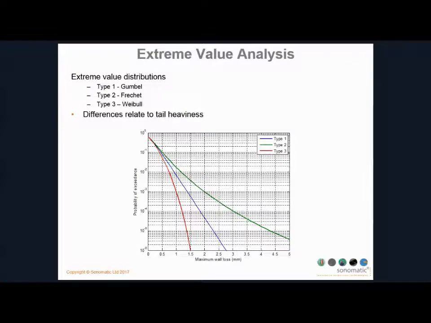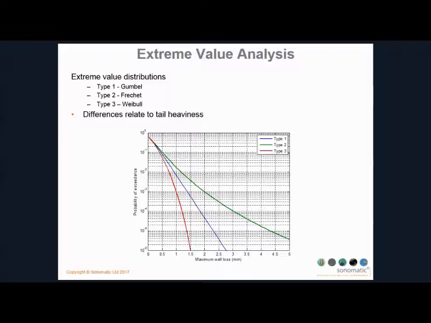The extreme value distributions that are typically used are the type 1 distribution, which some of you may be familiar with as a Gumbel distribution, and that plots largely linearly on a log scale. It's close to an exponential fall as you go down the distribution. That's quite widely used for situations where the underlying distribution would be exponential, and then a Weibull distribution is lighter tailed.